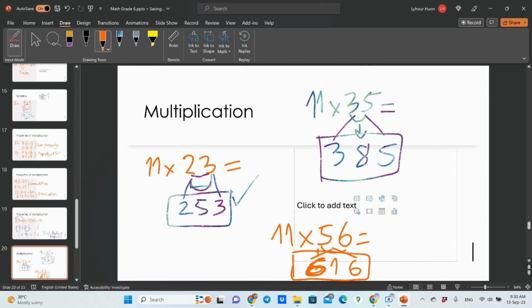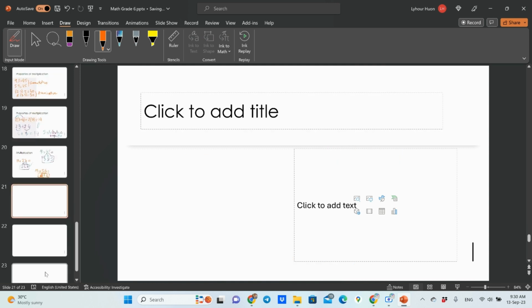So to multiply with 11, just put the number at the sides, and the middle digit will be the sum of the two. That's fast and saves some time.